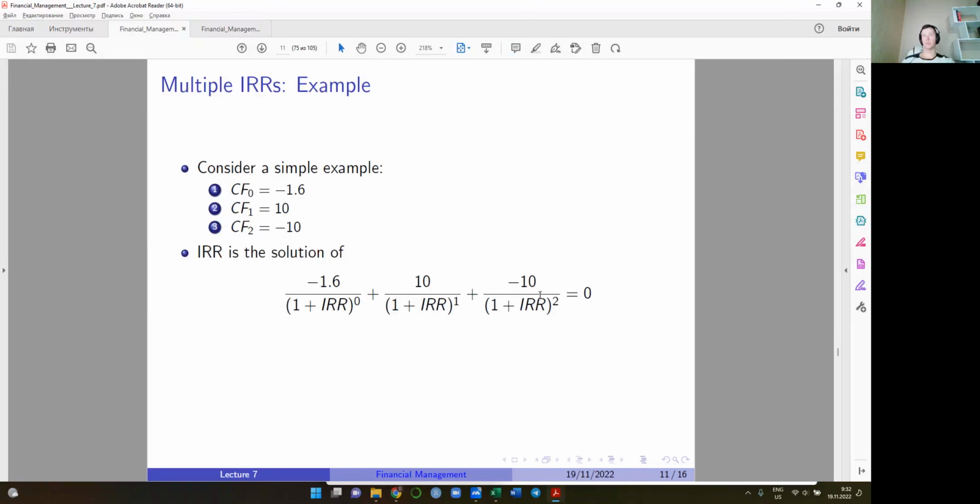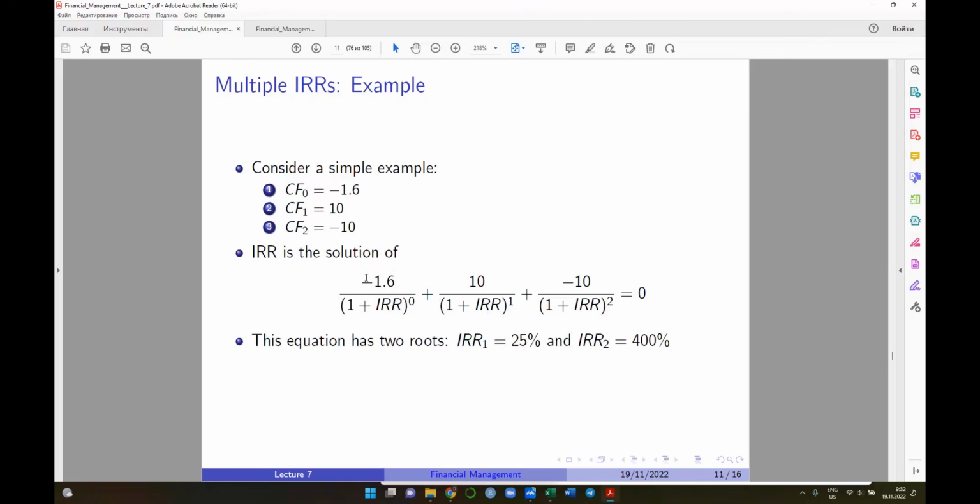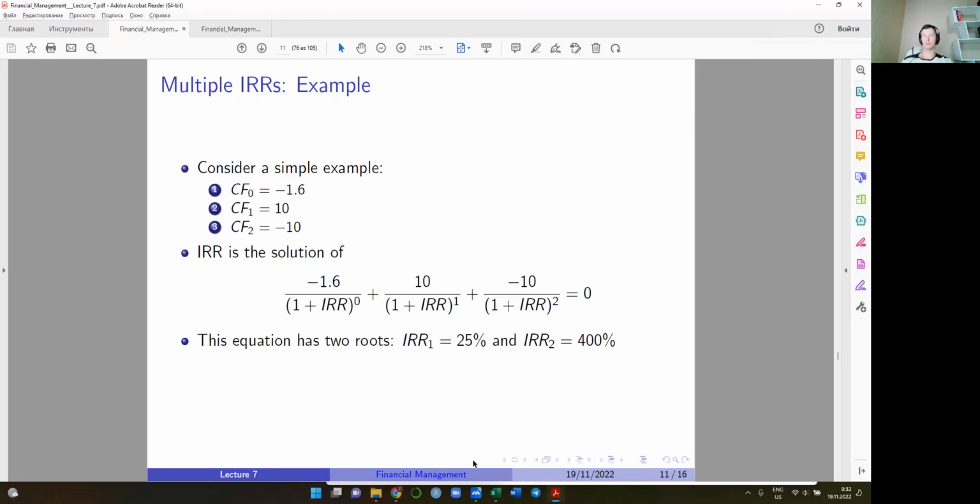So the internal rate of return is the solution to this polynomial: minus 1.6 plus 10 over 1 plus IRR to the power of 1, minus 10 over 1 plus IRR to the power of 2, equals 0. We see that the signs are switching 2 times, one here, second here. And this equation has 2 roots, 25% and 400%.